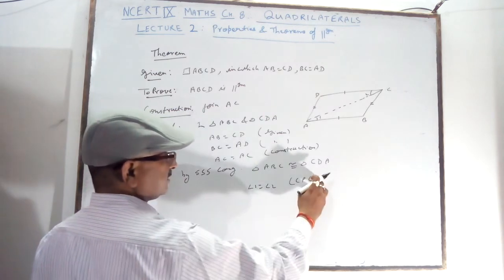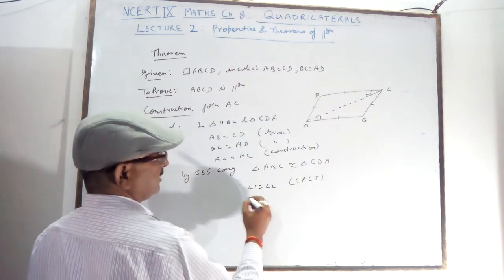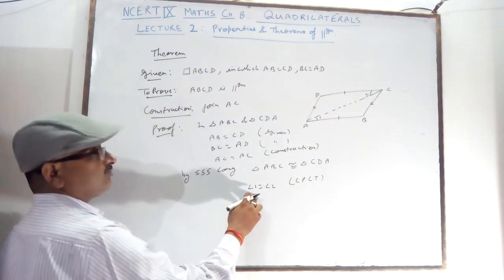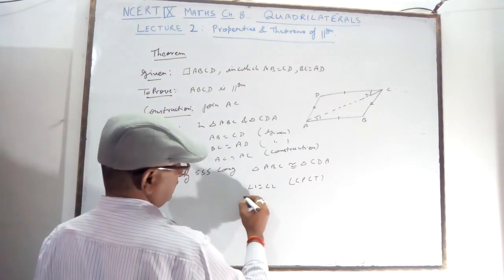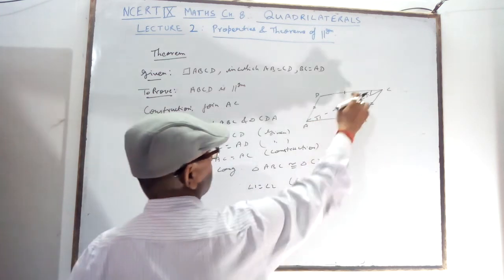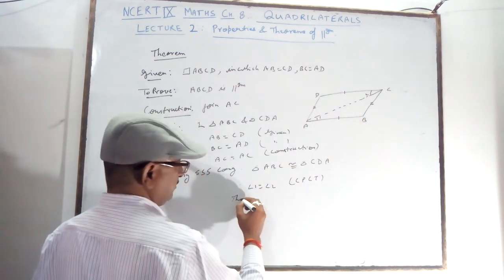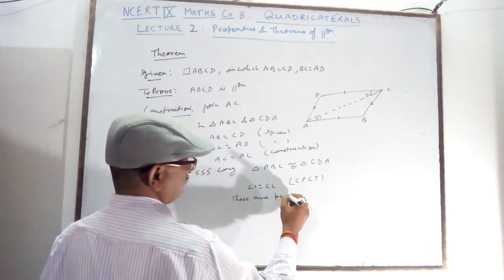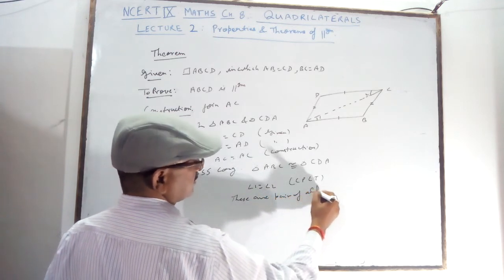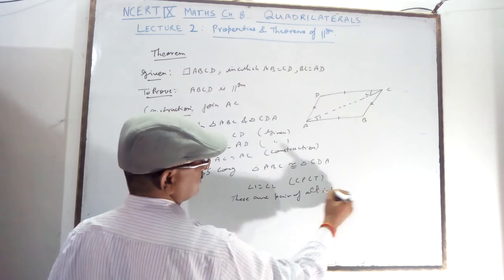Here you don't write alternate. And here, because 1 is equal to 2, angles are equal and forming alternate pairs. These are a pair of alternate interior angles.